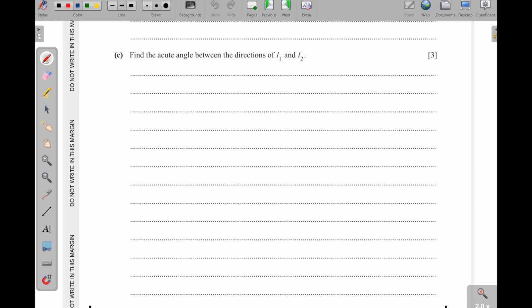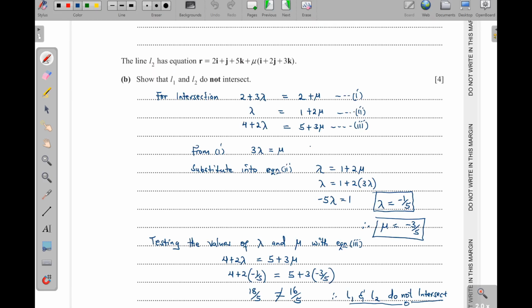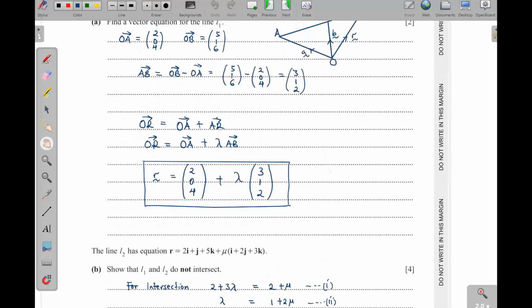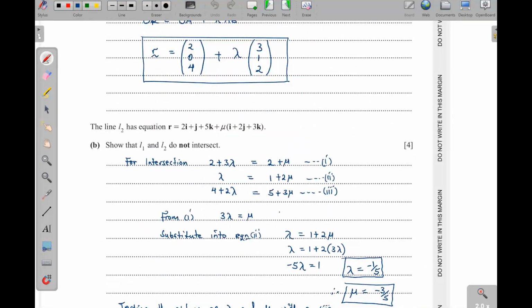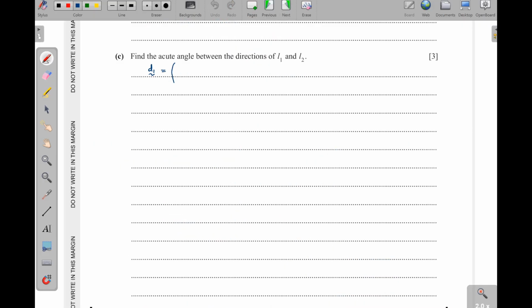Okay? Part C, find the acute angle between the directions of L1 and L2. The directional vector of L1, I will let it to be D1. That is the AB we got. Okay? If you check back here, the AB we got, the directional vector, the one we put in brackets here, that is 3, 1, 2.